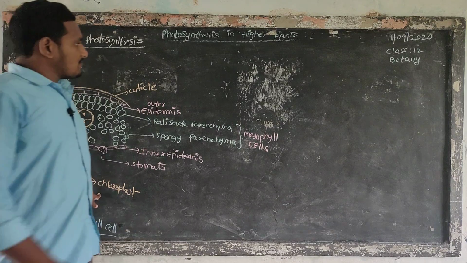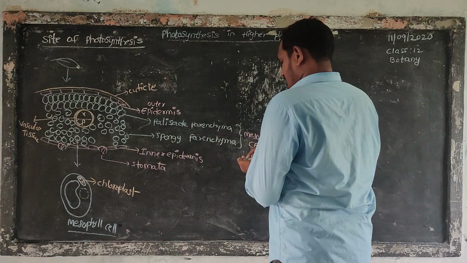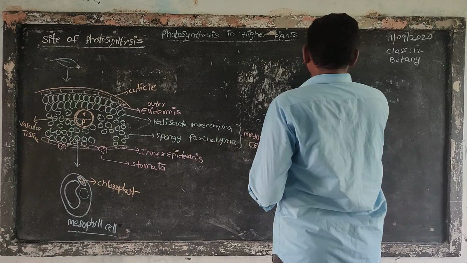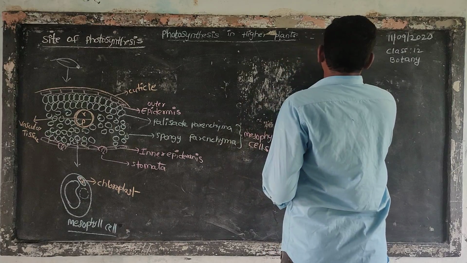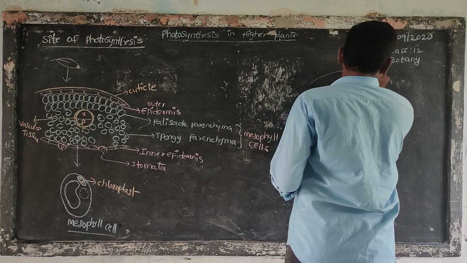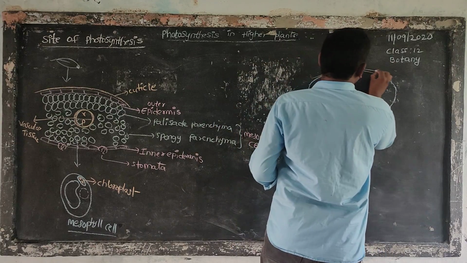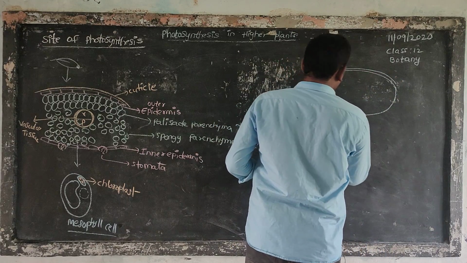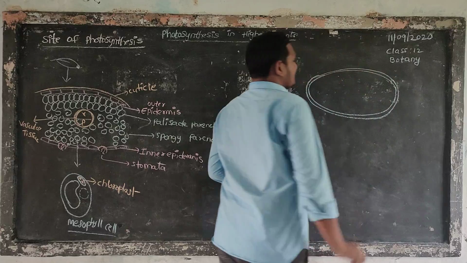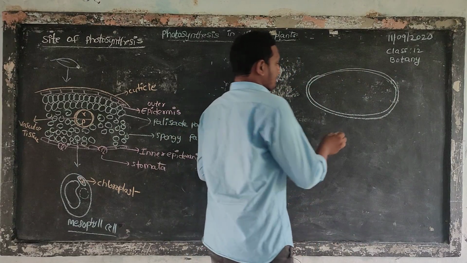So we have to enlarge it. What is that? Chloroplast. Chloroplast is mainly a membranous structure.